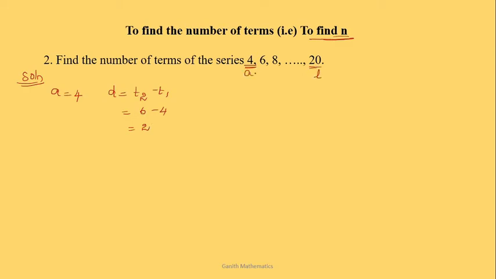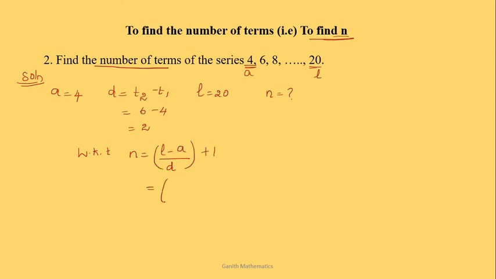The first term is denoted as A, and the last term is denoted as L. So L is equal to 20. Now we are going to find the number of terms. That means how many terms are there? That is n. We can use the direct formula. We know that n is equal to (L minus a) by d plus 1.